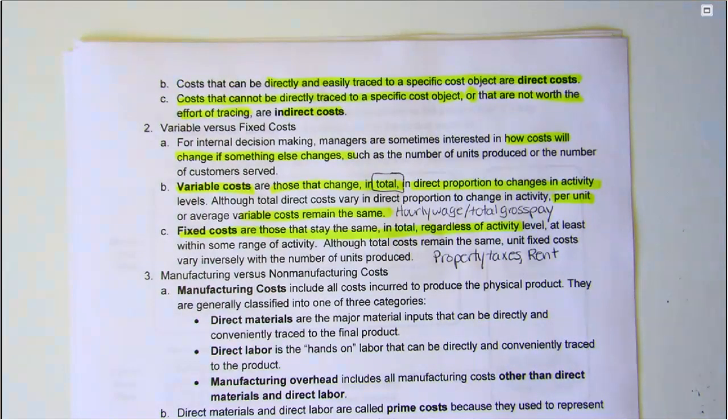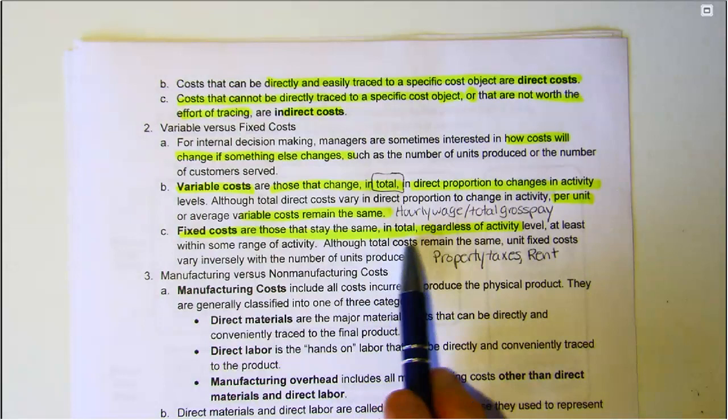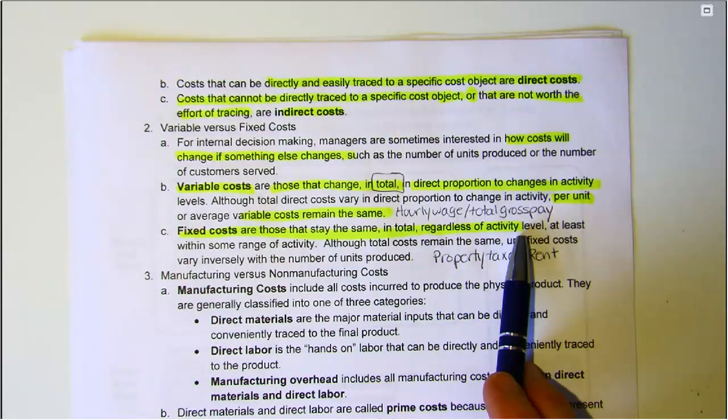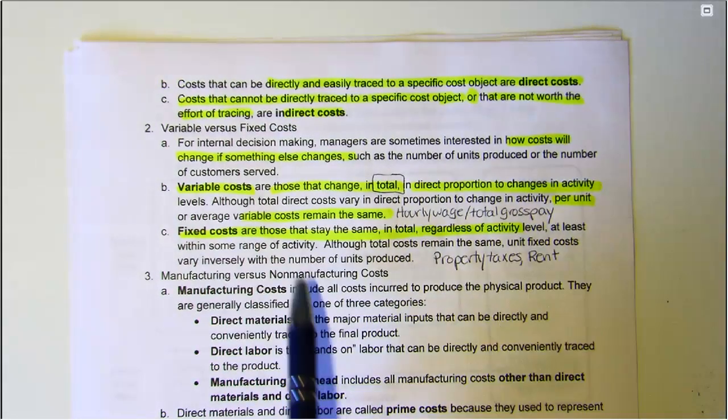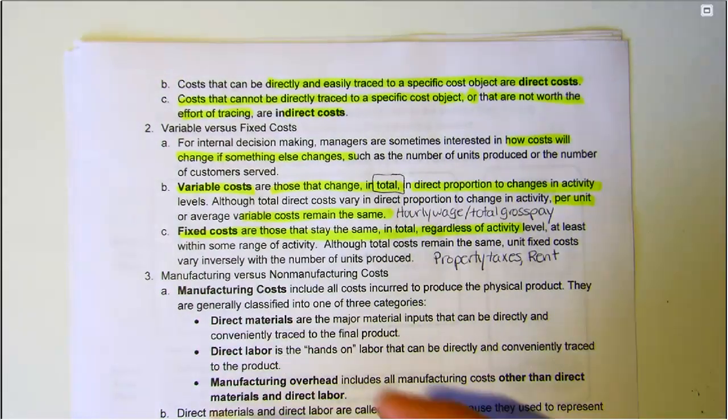You're still going to have to pay property taxes. You're still going to have to pay your rent regardless of the number of units you produce, even if you don't produce any units, right? So they stay the same in total regardless of the activity level within a range of activity.